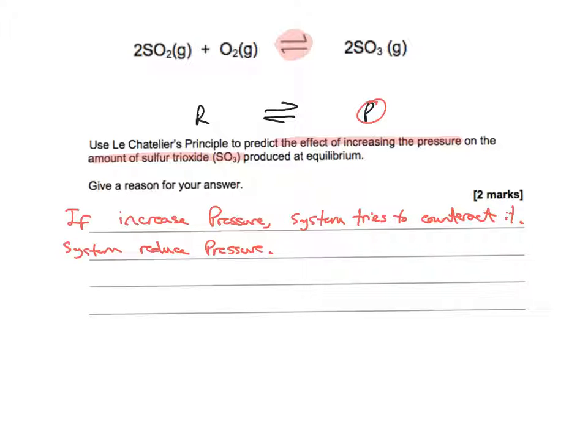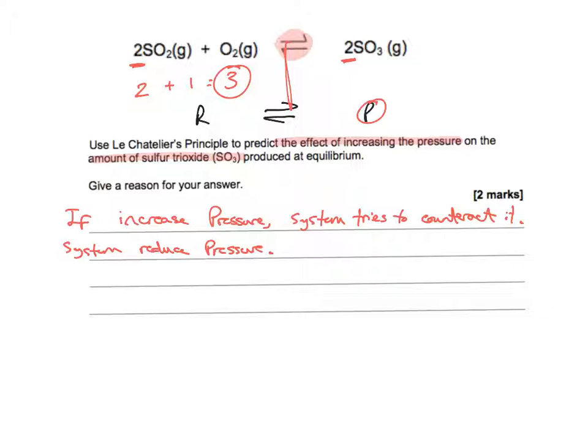So when we look at pressure, we're talking about how many molecules there are, so we need to count. On the reactant side, I've got 2 sulfur dioxide, so 2 molecules of those, and 1 oxygen, so that makes 3 molecules on the left.